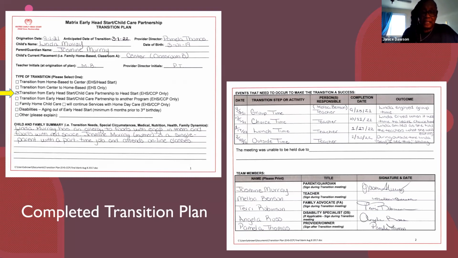or other unforeseen circumstances, you may not be able to have a face-to-face with everyone. So in that case, you may have to do a Zoom, a video conference, email, something of that nature that everybody can coherently be a part of.